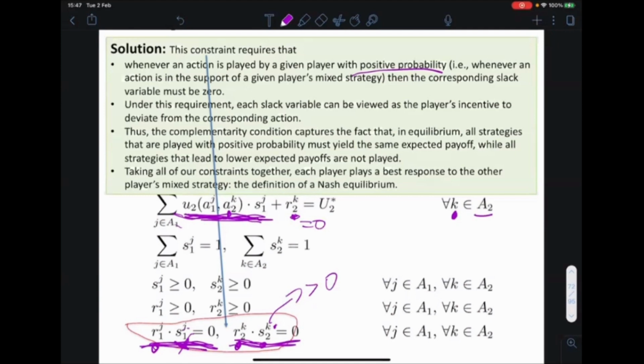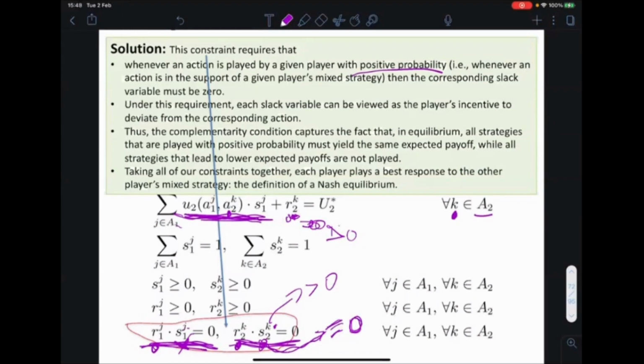So what this means is that each slack variable can be viewed as a player's incentive to deviate from the corresponding action. When the probability of an action is larger than 0, this slack has to be 0. In other words, if the slack is positive, I deviate from my Nash equilibrium because the probability of playing that action has to be 0, and therefore I don't play that particular action.